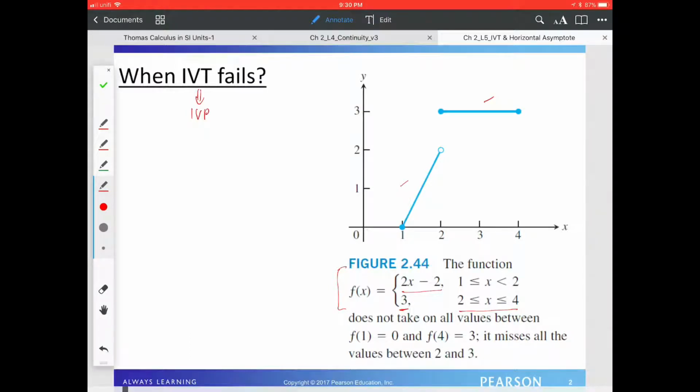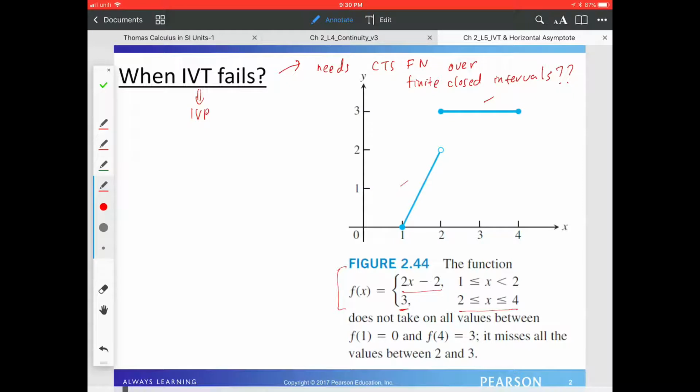First, in order for the intermediate value property to occur in a particular function, we need a continuous function over a finite closed interval.